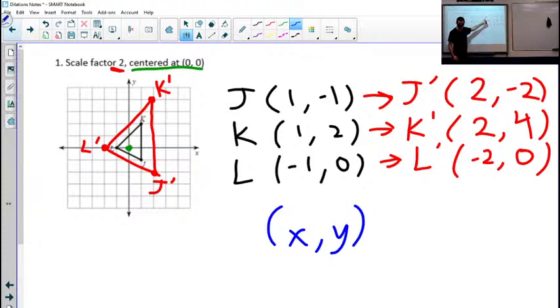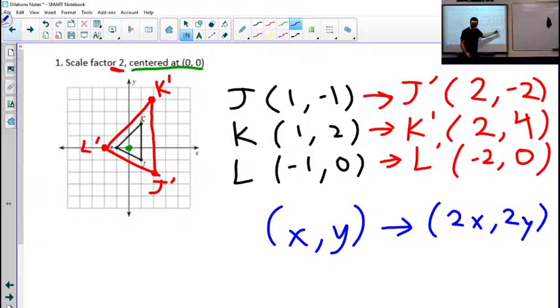Don't write down anything yet. 1 became 2. -1 became -2. 2 became 4. 0 became 0. What is the thing that happens? Don't write it down yet. Watch so that you can see the pattern. What's happening to all these coordinates, the pattern, is that I take all these numbers and double them.